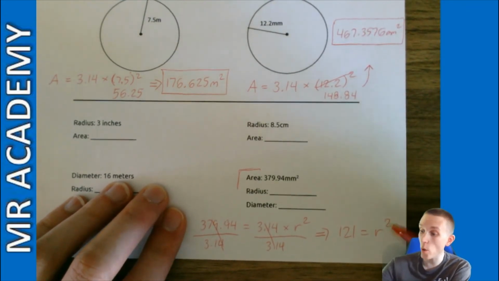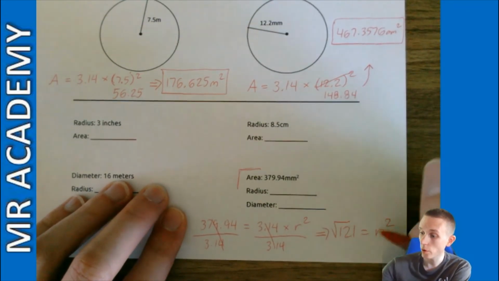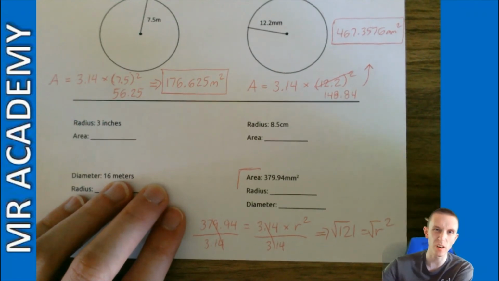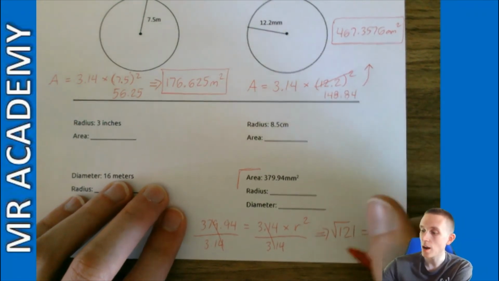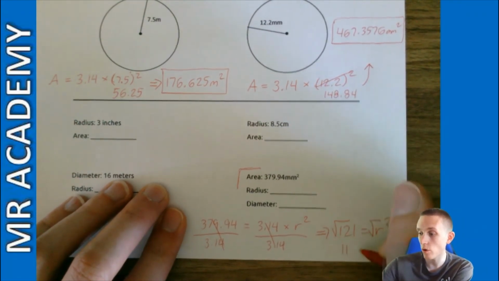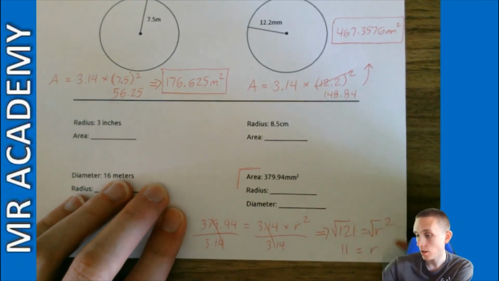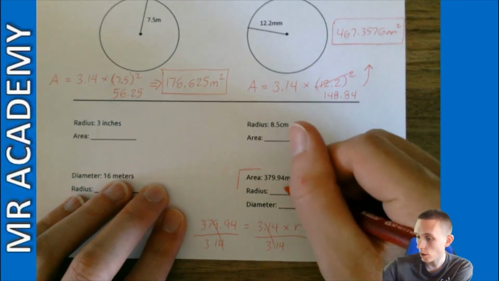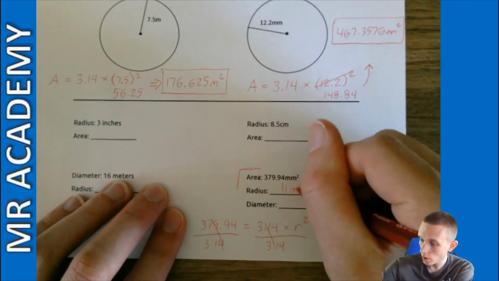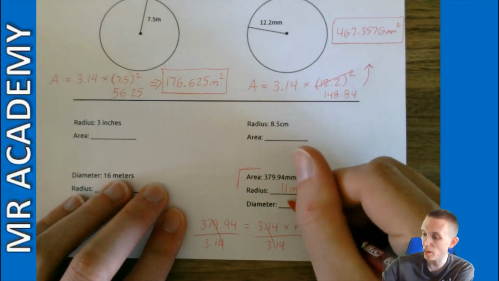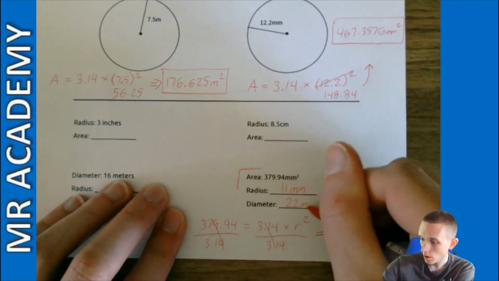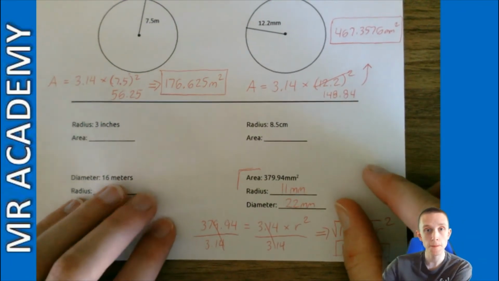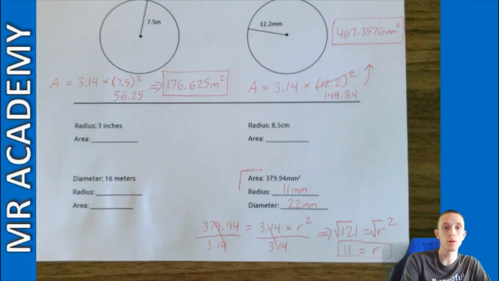Then if we are squaring something, we're just going to take the square root, and your calculator should have a button like that as well. Off the top of my head, I know the square root of 121 is 11. Okay. So 11 millimeters would be our radius. We just double that to get the diameter, and we're in business. All right, that's all there is to that one.